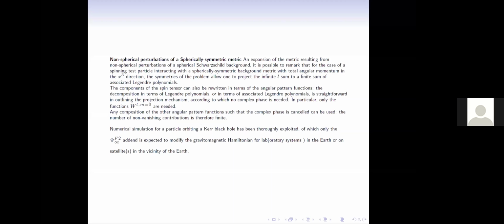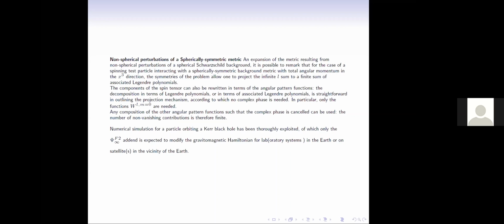In particular, one kind of system which can give such a non-vanishing contribution is a spherical perturbation of a spherically symmetric metric. It can be calculated both in the case of a Schwarzschild metric or in the case of Kerr black holes, for example. They have been calculated.